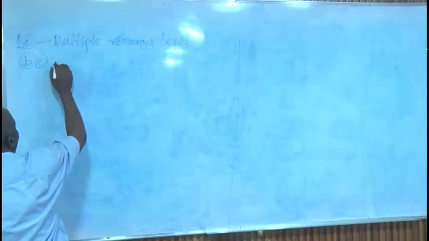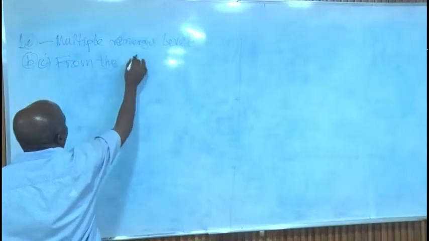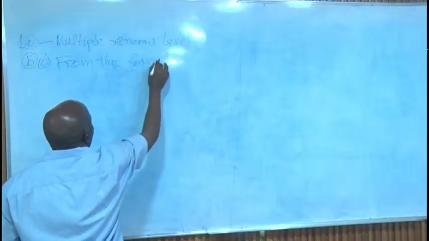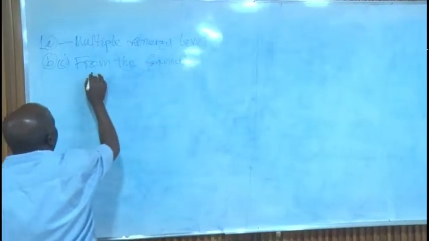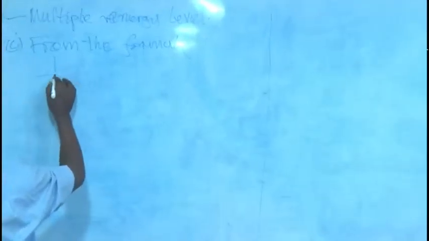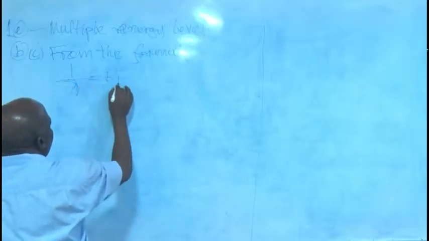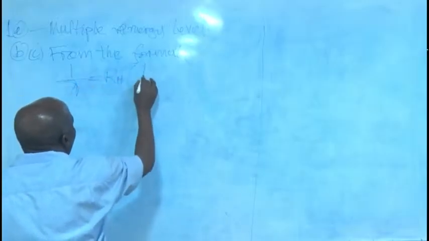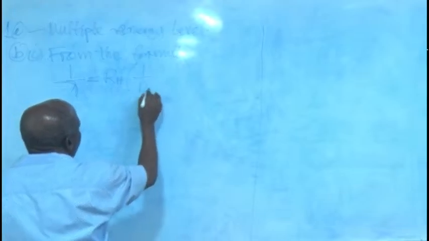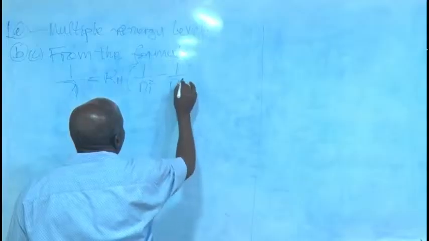From the formula, the reciprocal of wavelength is equal to Rydberg's constant times (1 over n1 squared minus 1 over n2 squared).